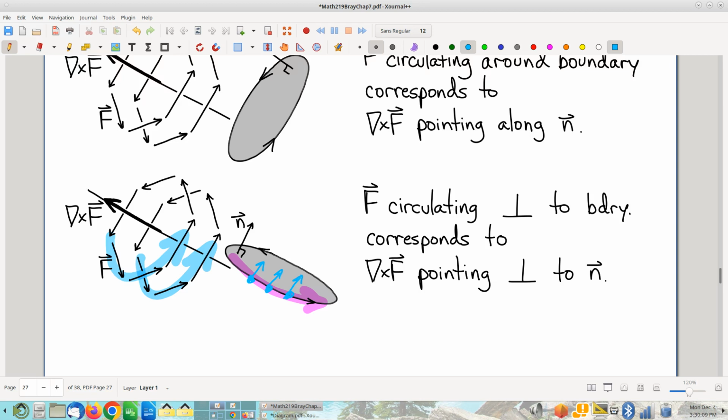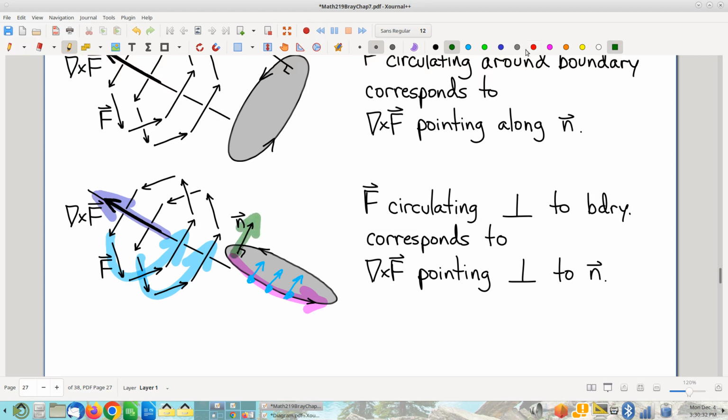And likewise, the rotation of the fluid being out of step with the way the boundary is going is simultaneous with the curl going a different direction from the normal vector.